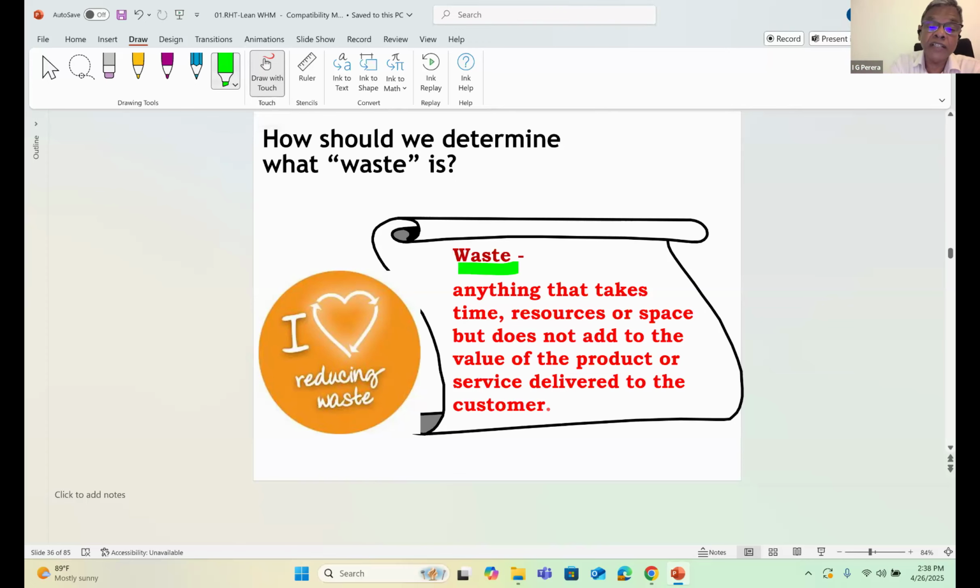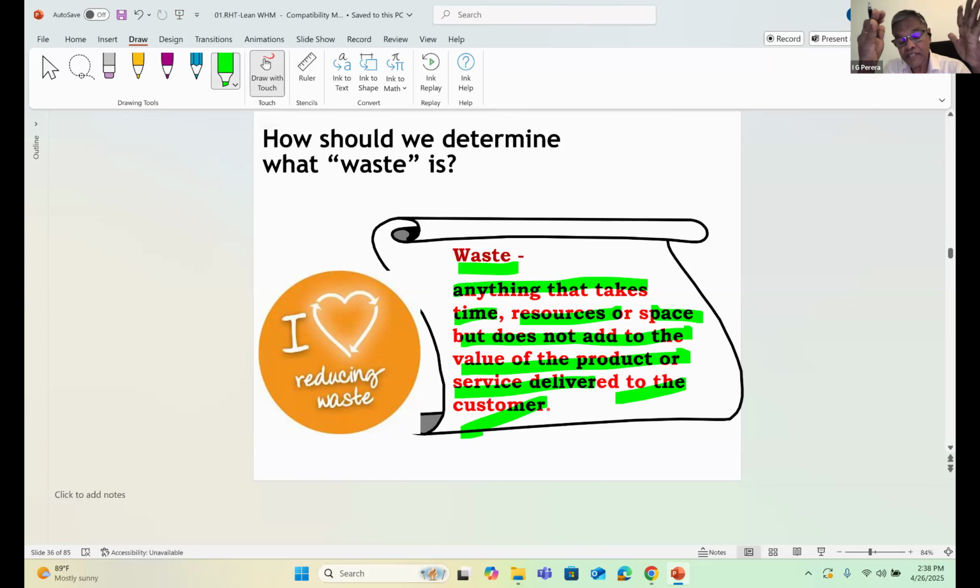So what is waste? Anything that takes time, resources or space but does not add to the value of the product or service delivered to the customer, that is waste, and removing it is lean.